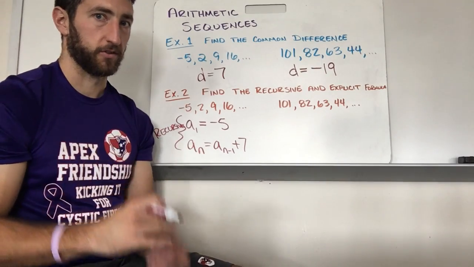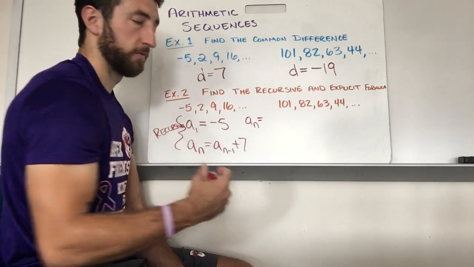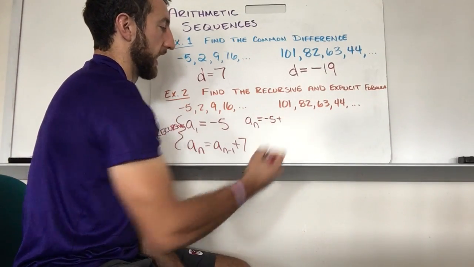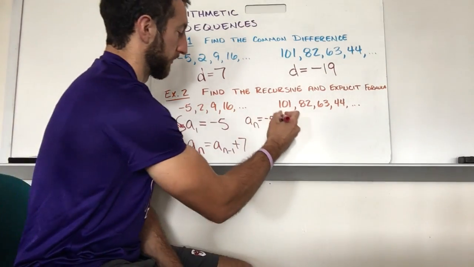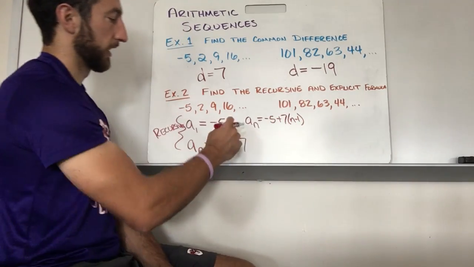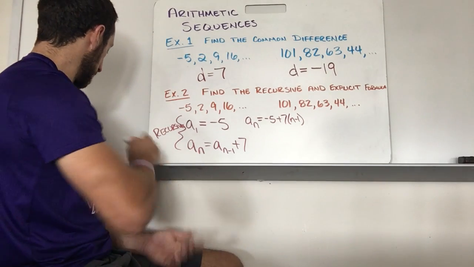Both of those things are the recursive formula. For the explicit formula, we follow the same form. We start with a sub 1, which is negative 5, and add the common difference, 7, times n minus 1. That is our formula for that example.